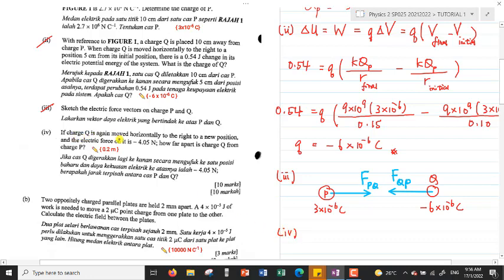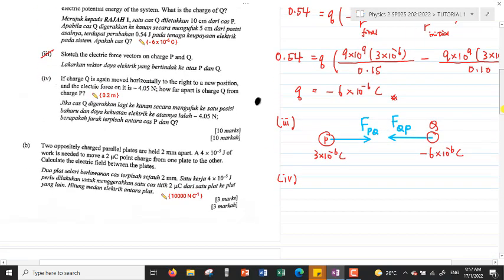If charge Q is again moved horizontally to the right to a new position and the electric force on it is negative 4.05 Newton, how far apart is charge Q from charge P? So class, we want to find the distance between charge P and charge Q when the force acting on it is 4.05 Newton.